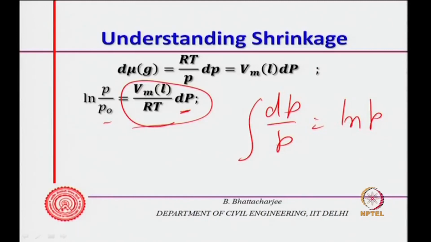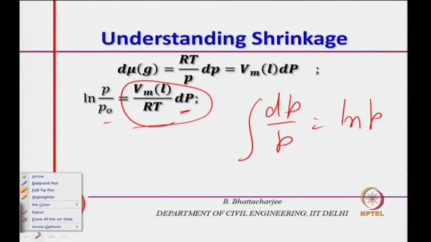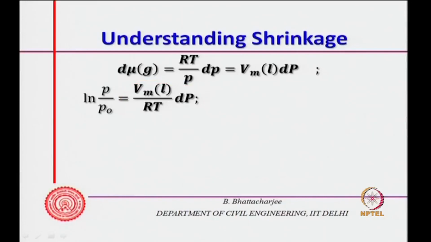So, ln P by P 0 equals Vml by RT dP. Now, this vapor pressure change can occur because of applied pressure or because of phenomena like surface tension.